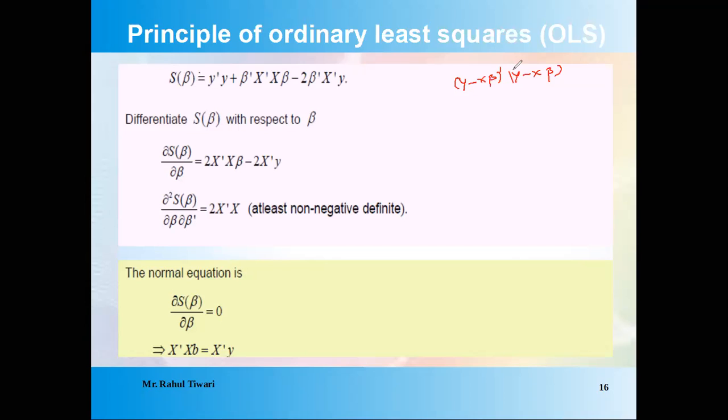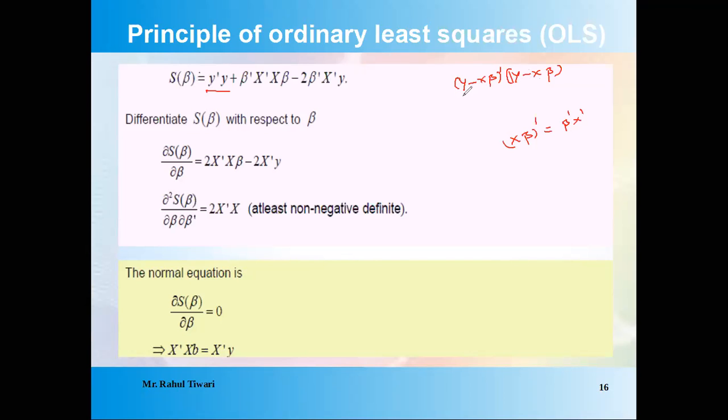If you do the multiplication, look, y prime with y, so you will get y prime y as the first term. Then whenever you take the prime of this, what comes is beta prime x prime.